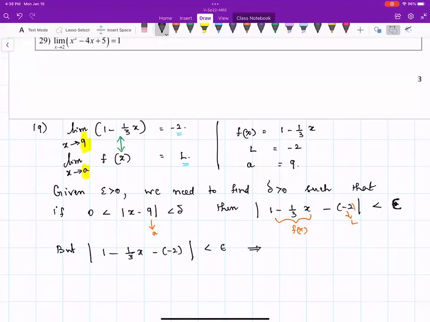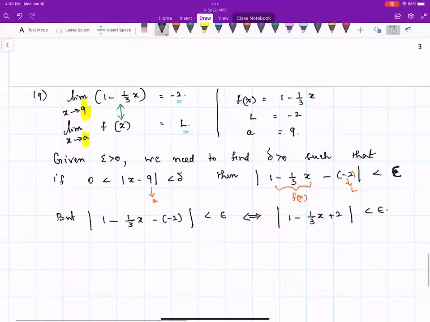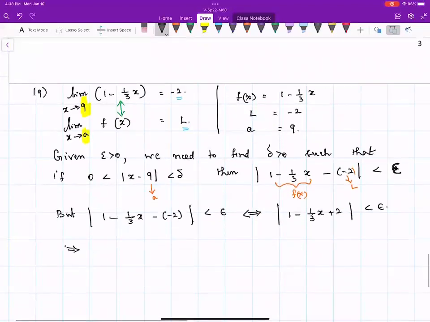It implies and is implied by 1 minus 1/3 x plus 2 less than epsilon. This implies and is implied by 1 plus 2 is 3 minus 1/3 x is less than epsilon.